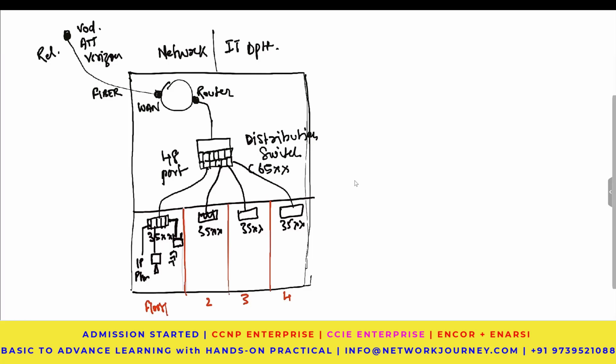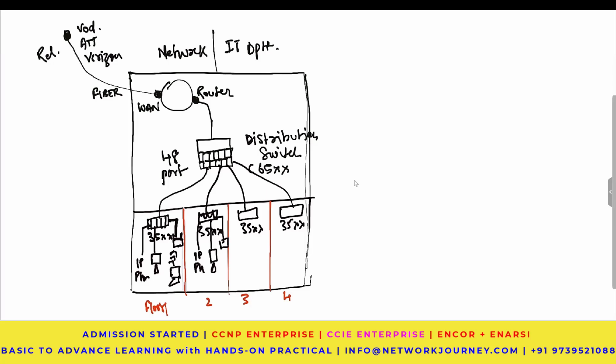Okay. So if I recap, internet to the router, router to the distribution switch to the multiple floors, and in each floor you will have the different network components added up. And these individual things contribute to your LAN. You can say that there's a LAN connectivity here.